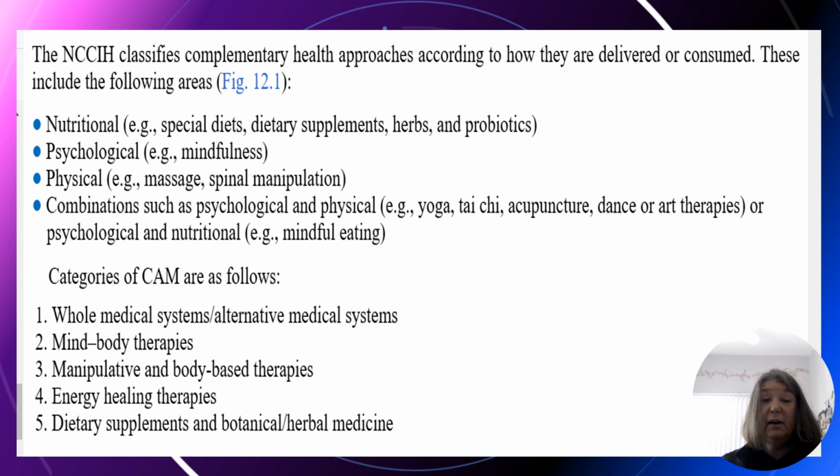So the NCCIH gives us a scientific backing, an organization where we can go to find out more about these CAM options, right? If we want to know if they're safe for somebody, if it's something we might recommend, or talk to a physician about.